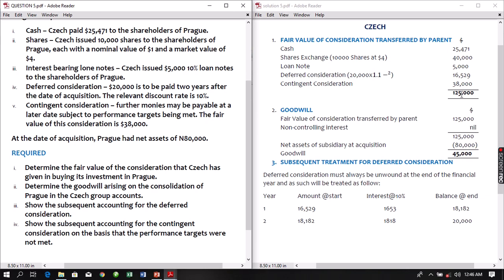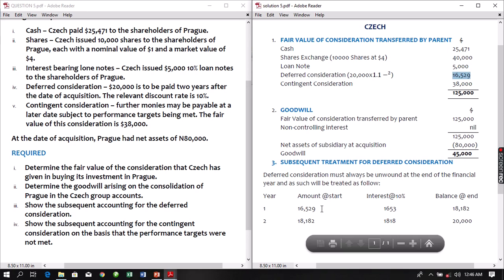And as calculated in this place, my deferred consideration is 16,529, which is this. And don't forget, we discounted this using 10%. So it means that if this is the amount, at the end of every year we have to unwind the interest element on it, which is 10%.